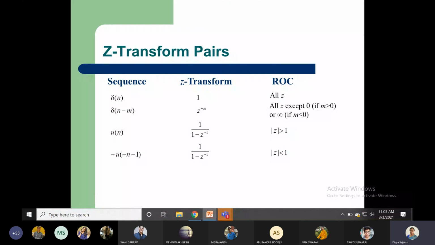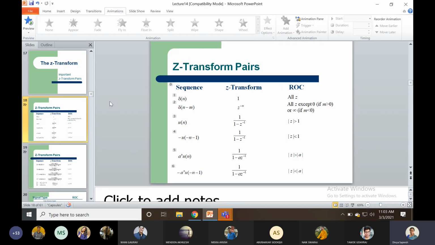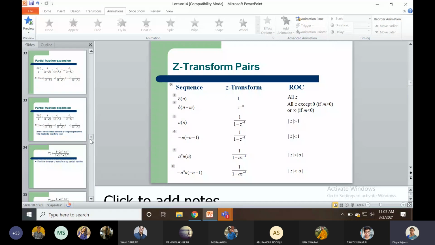You can see for u of n as well as minus u of minus n minus 1, the Z transform is the same for both. But the region of convergence is different depending upon whether it is a right-sided signal or a left-sided signal. Similarly, when I get the inverse Z transform, if any condition is mentioned, like here the condition mentioned in the first case, the region of convergence should be greater than 1, that means the highest pole.